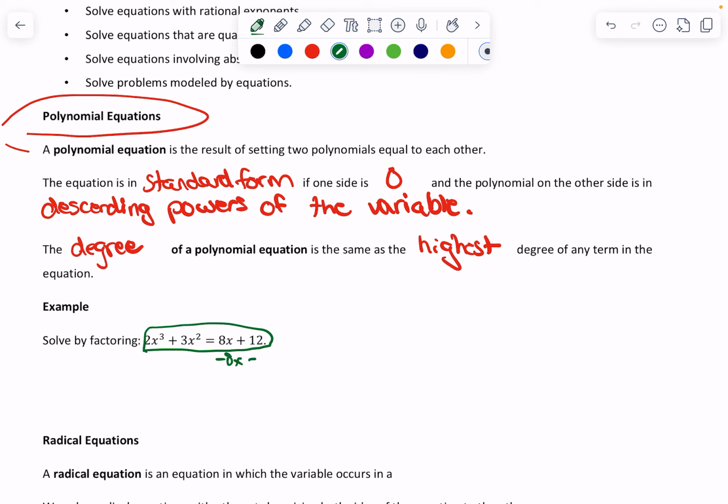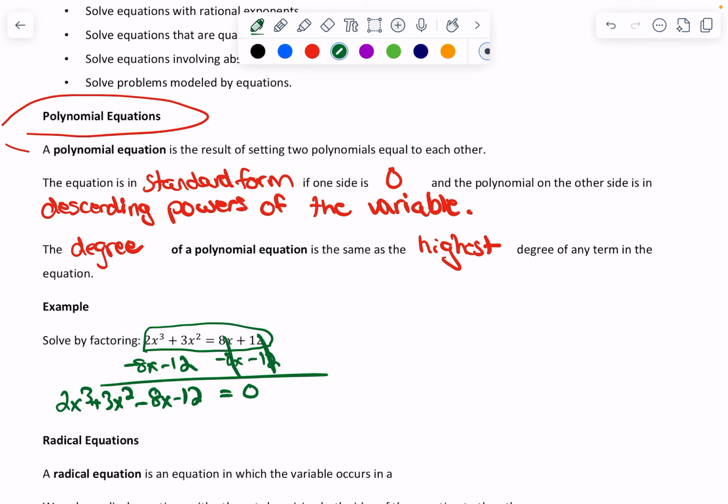Again, we're doing the opposite operation, and subtracting 12. What we do on the right side, we need to do on the left side. These cancel each other out, so we end up with a 0 on the right. And on the left, we end up with 2x cubed plus 3x squared minus 8x minus 12.